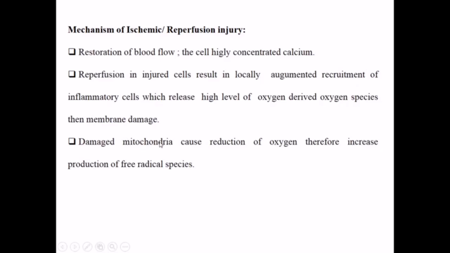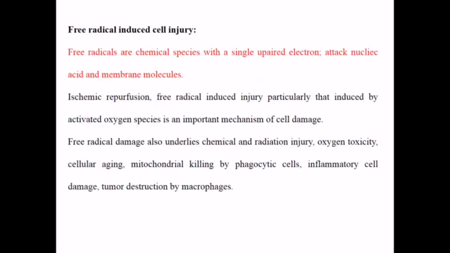Also, damaged mitochondria cause reduction of oxygen, therefore increased production of free radical species. Membrane damage, calcium concentration, and accumulation of inflammatory cells also lead to free radicals and damage mitochondria, which lead to more free radical species. This is free radical induced cell injury.